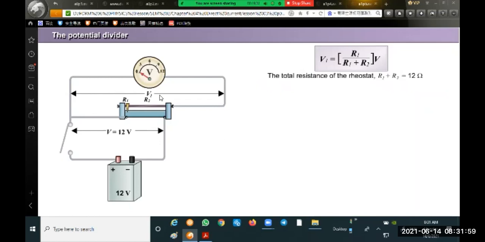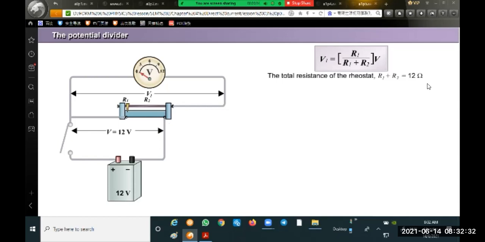V1 is equal to R1 over R1 plus R2 times V, where R1 plus R2 is given as 12 ohms. The R1 plus R2 is actually the left side of the slider and the right side of the slider. How much the left side of the slider is, we don't know, but R1 plus R2 is 12 ohms.